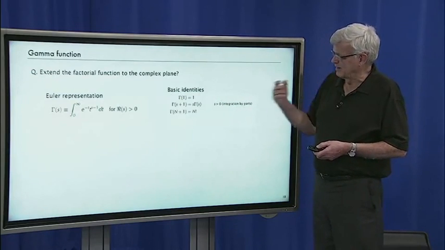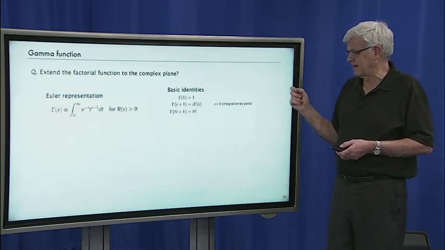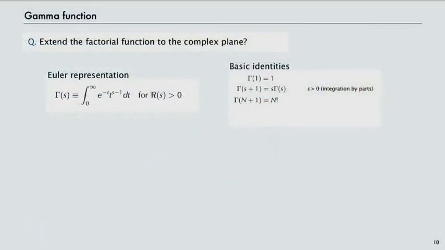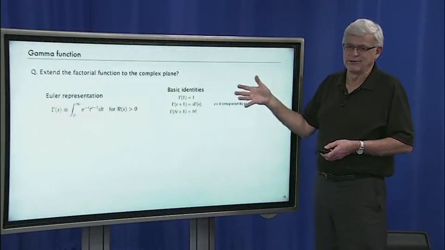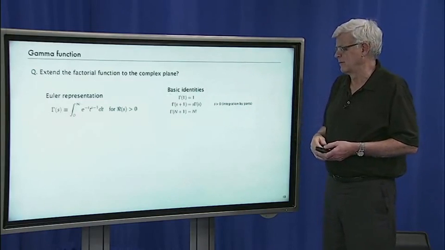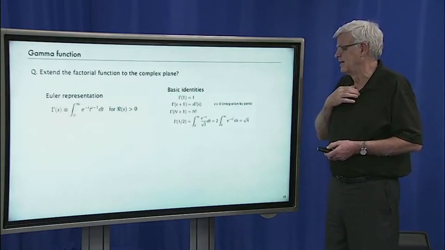And so that means then from those two things you can prove that if the argument is an integer, gamma of n plus 1, where n is a non-negative integer, is equal to n factorial. So it matches n factorial on the integers. That's clearly what we want, but it's defined for all reals. So that's the key idea behind the gamma function.